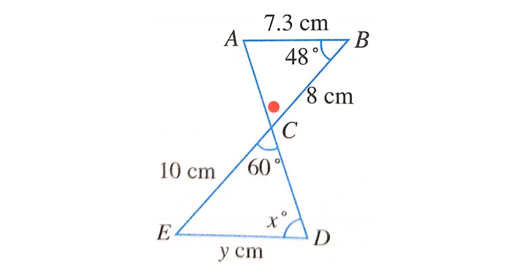So this is 60 and this is 48 degrees. Will this be our 48? Still not sure about that. So first thing first, we are going to check this one. For sure, 7.3 centimeter will be compared to y centimeter. Now we can see that 7.3 is opposite this one, right?